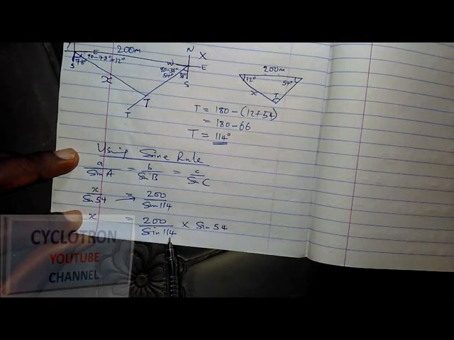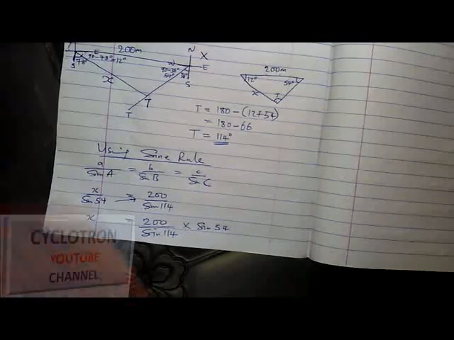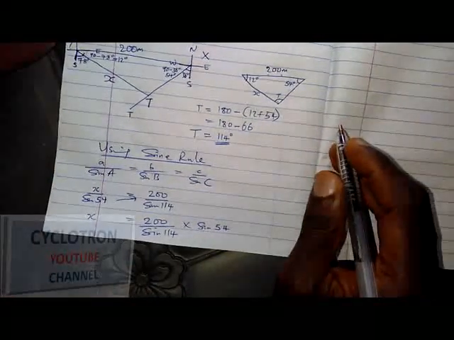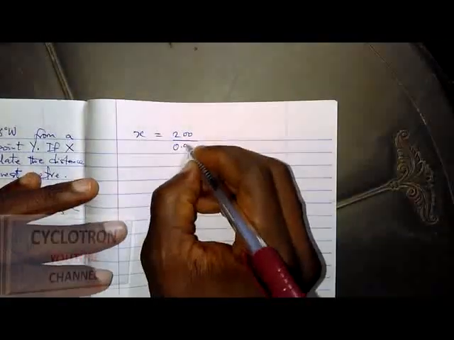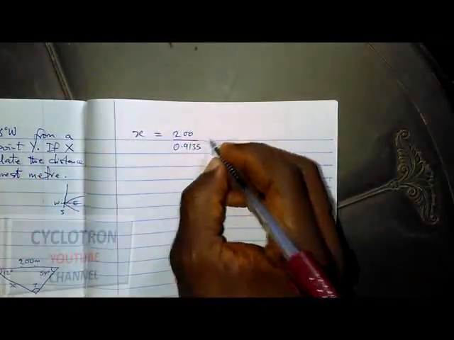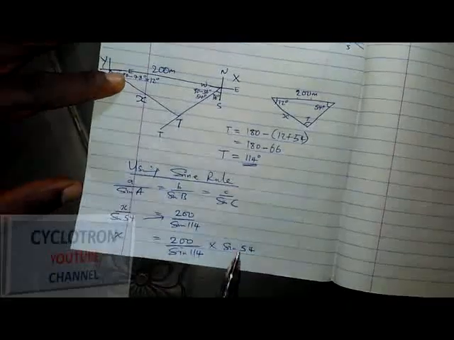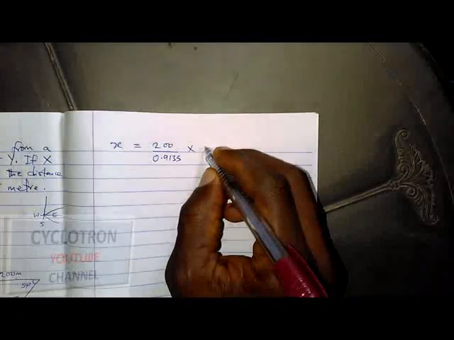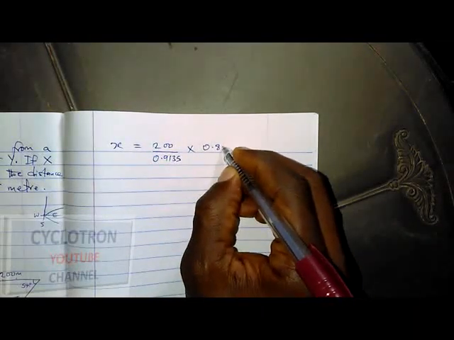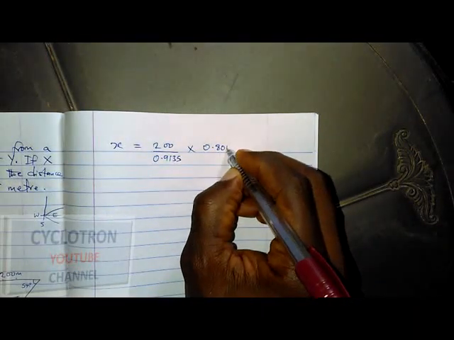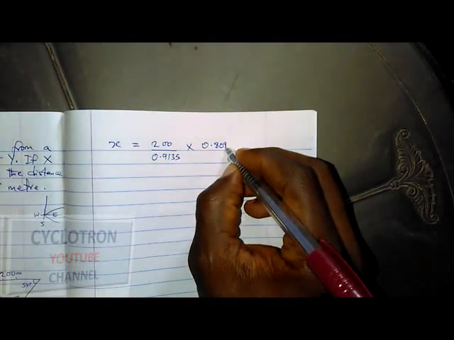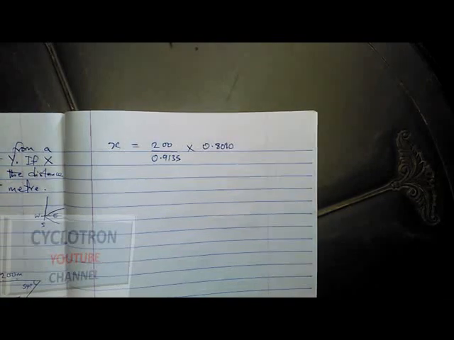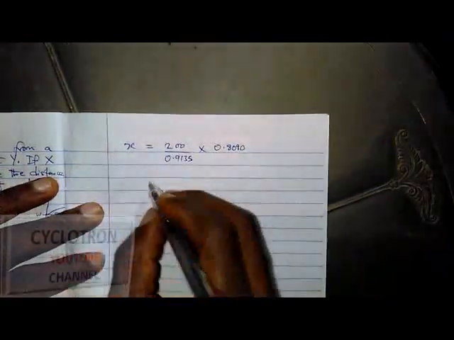Sine 114 is 0.9135, and sine 54 is 0.8090. Okay, so this is what we have.